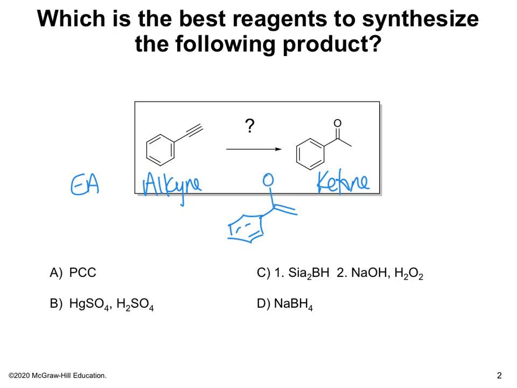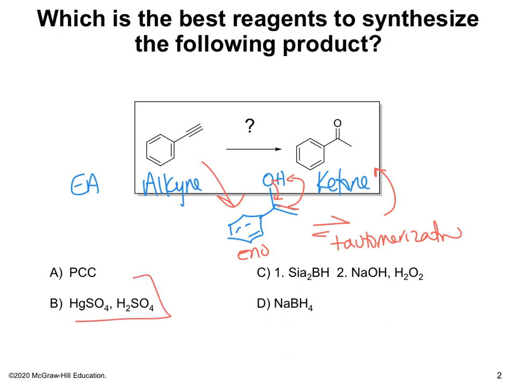So there's the enol, and then it goes through enol tautomerization. This is an enol, so this goes to there. And if you remember, that tautomerizes to the ketone. Which reagent does that? Mercury sulfate and sulfuric acid.